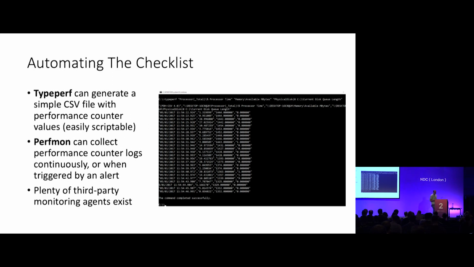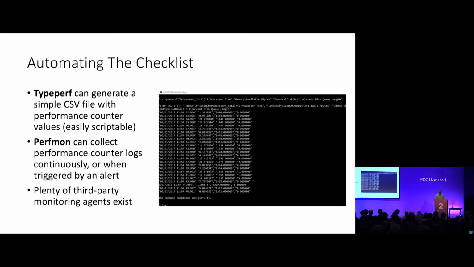And perfmon is the Windows performance monitor which can collect performance information for you in the background, and it can even issue alerts. It can, for example, run some sort of application when one of the metrics is breached. And of course, there are plenty of third-party agents that will collect this information for you, and many of them are already tuned to collect the USE metrics.